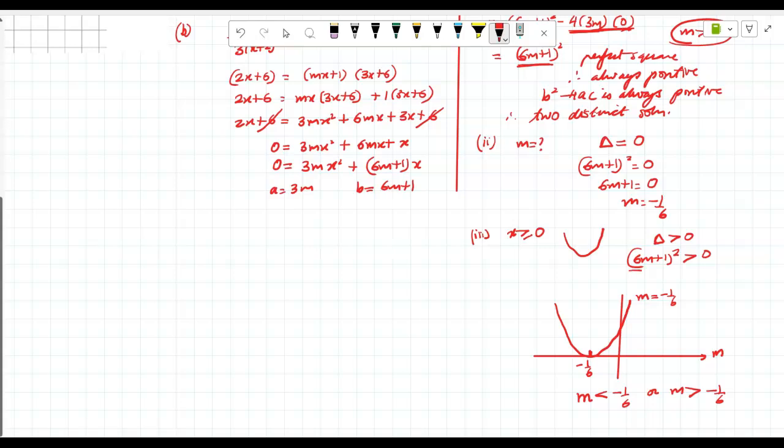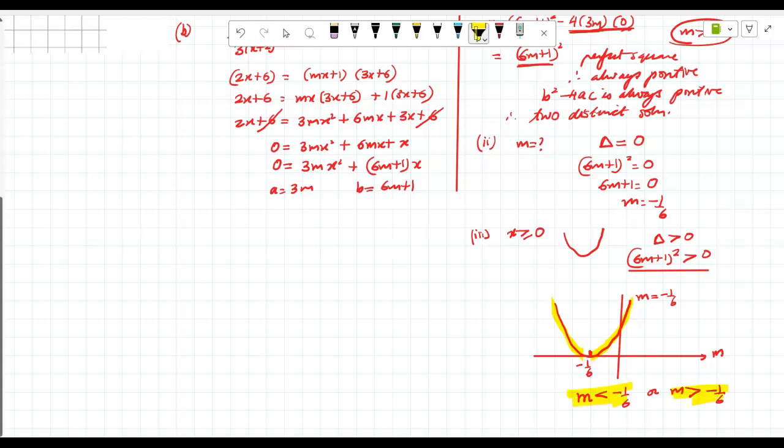When is this greater than 0? When is this positive? When it's greater than negative 1 by 6. Greater than 0 means it's positive, no? This is positive here, and it's positive here. Oh, because it's above the graph. That's why. But you can't take minus 1 by 6, because at minus 1 by 6 it will be 0, so I'm not taking that value.